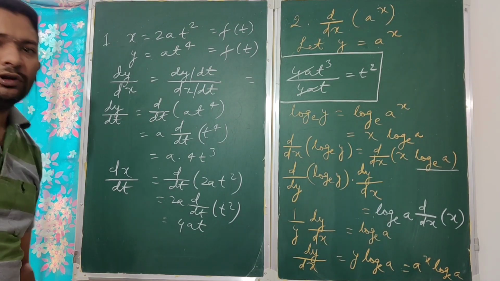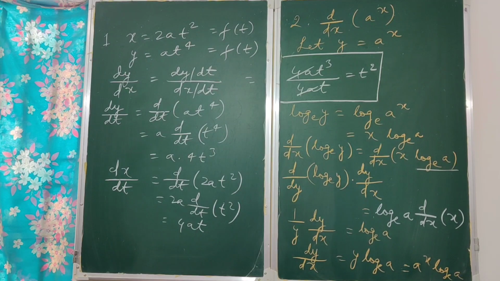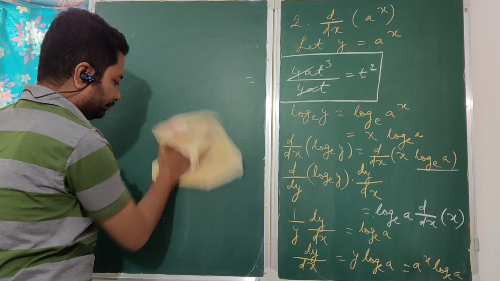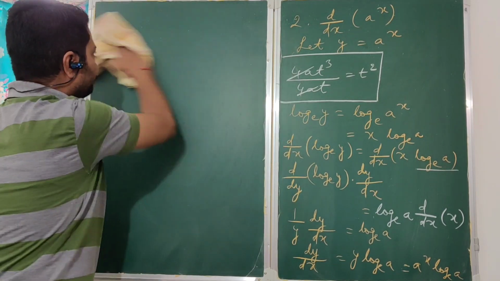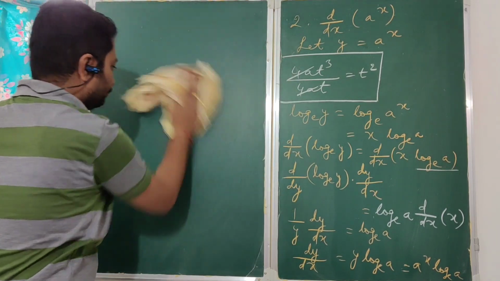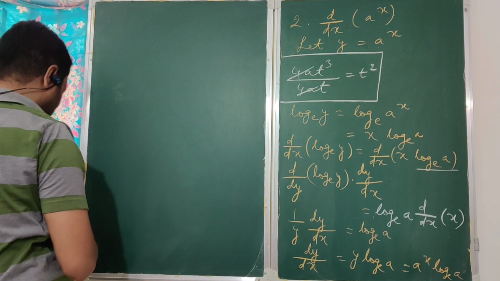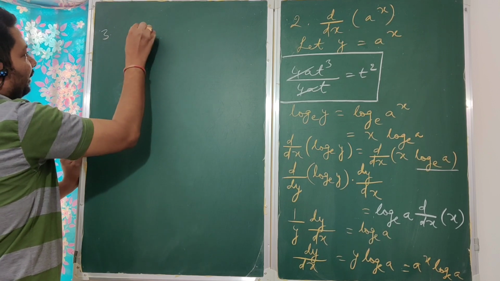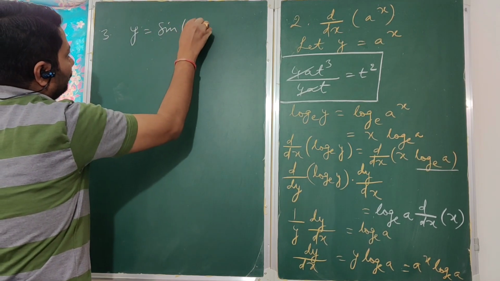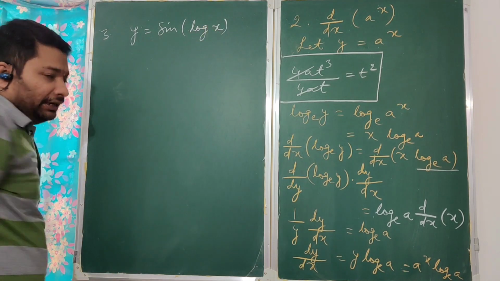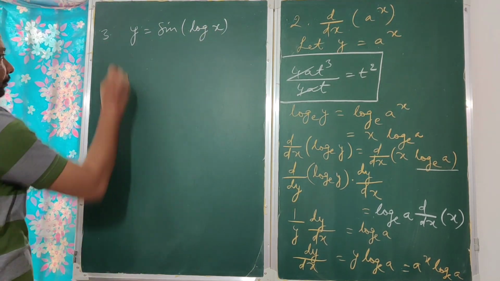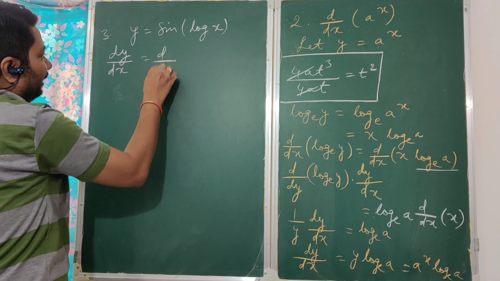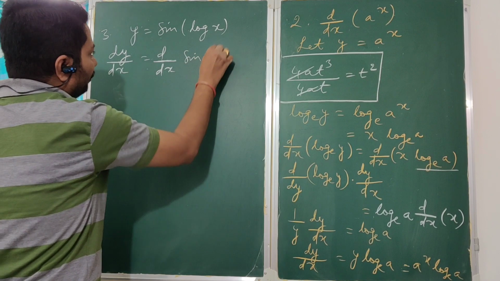Let us see a couple more questions. So I'll erase this. Let's say you have been given some function like sine of log x and you want to differentiate it. So what should you do? Now dy by dx, so this will be d by dx of sine of log x.